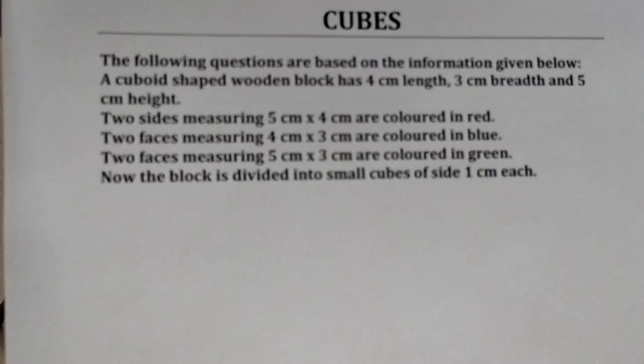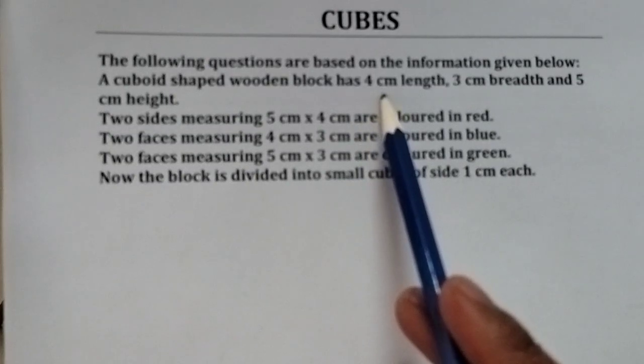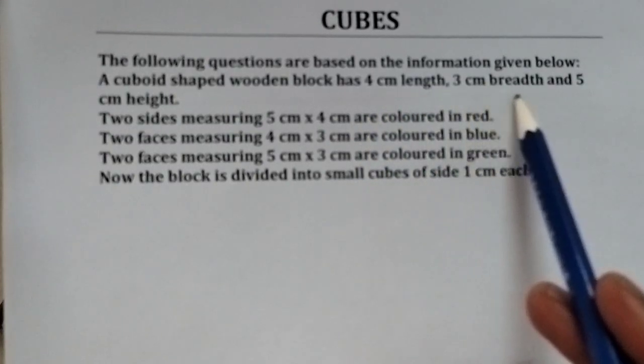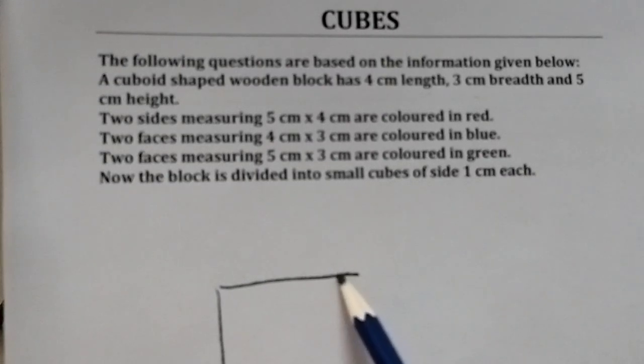The cuboid shaped wooden block has 4 centimeters length, 3 centimeters breadth, 5 centimeters height. Two sides measuring 5 into 4 are colored red. I will explain that after drawing the cuboid shape.